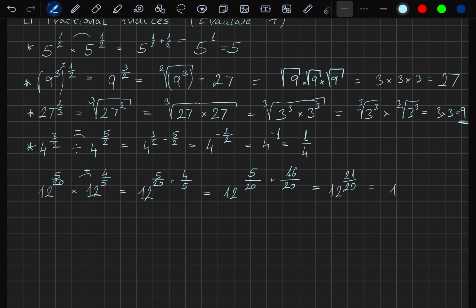And it's like this. I will not calculate this if you don't mind. And I don't know if the calculator can handle this big number, but it doesn't matter.